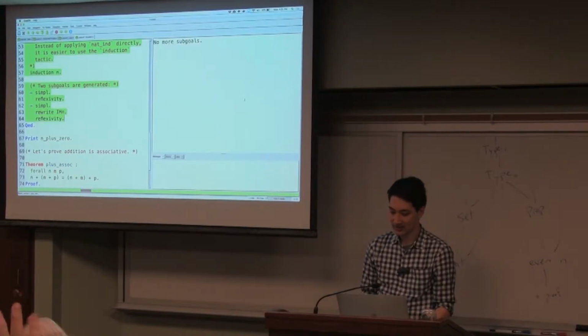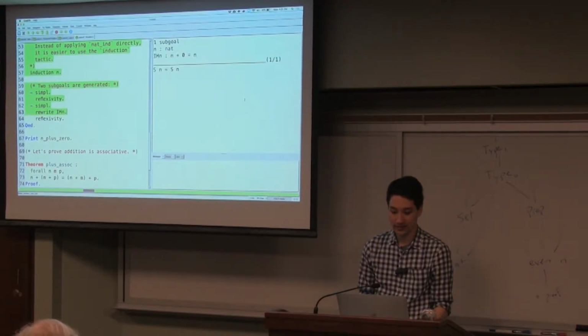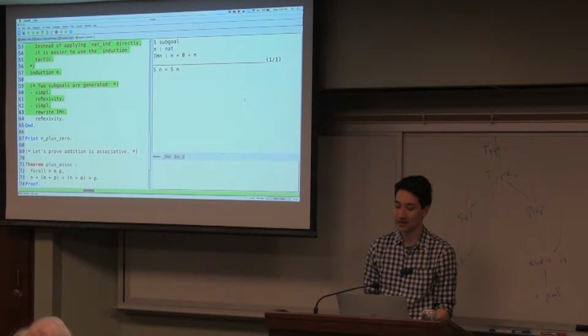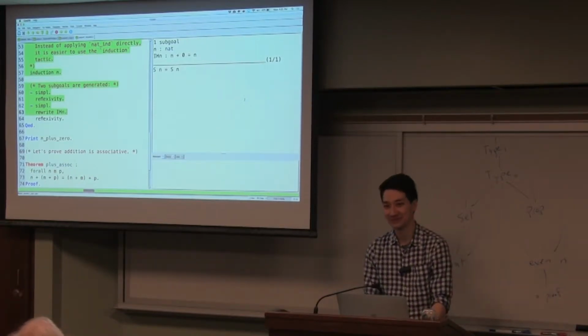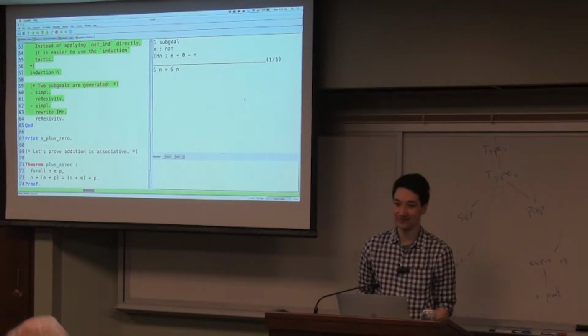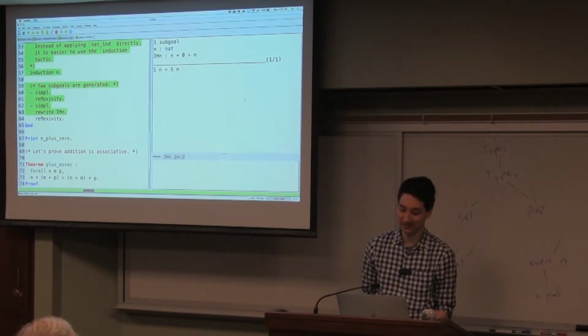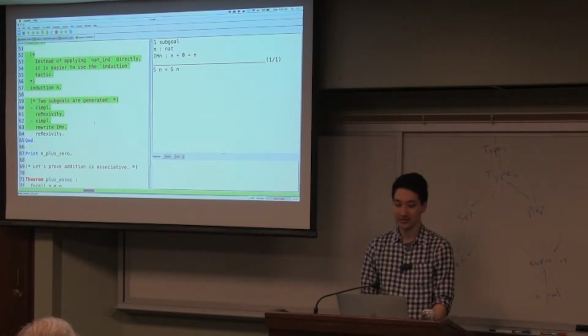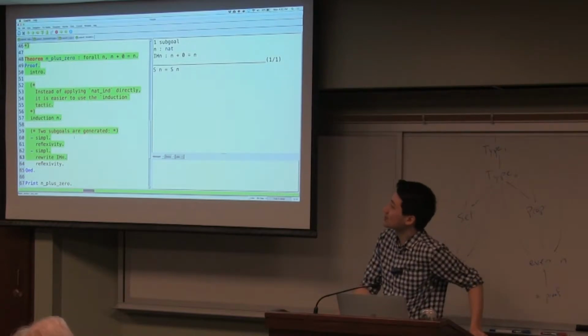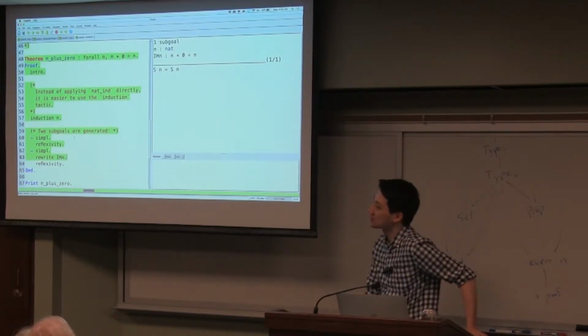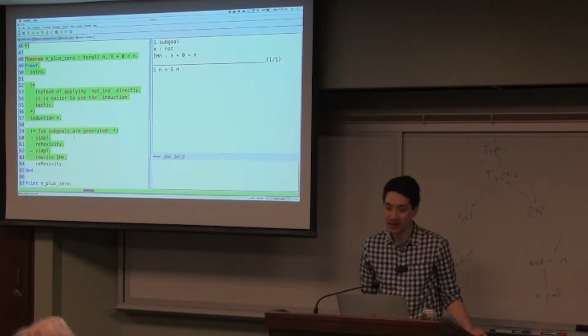What does IHn stand for? Induction hypothesis on n. Yeah. And if you replace n everywhere with m, you would have to also change that to IHm. Yes. So Coq will generate names for you for these things unless you want to give them explicit names.